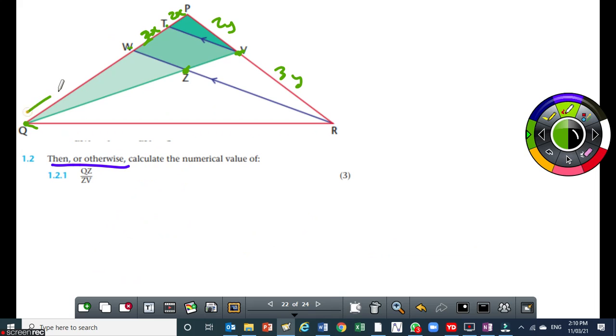So we know that this is 2k, and we know that WP is equal to k, this whole length. So let me use a different color to make it look better. So this is k, and obviously that's 2k.